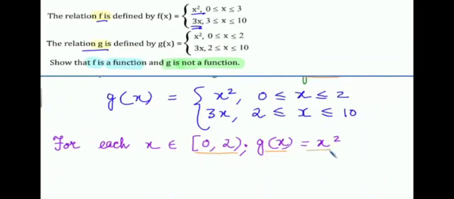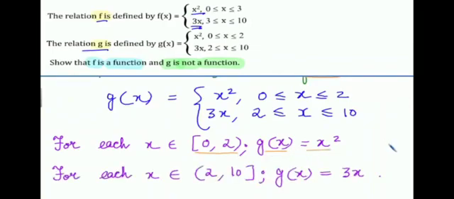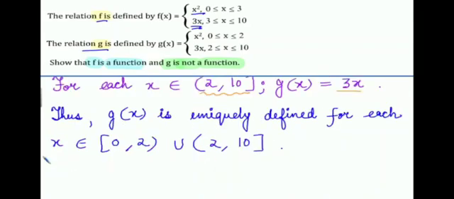Between 0 to 2 your g function will be x square, and for each x belonging to 2 to 10, your function g of x is equal to 3x. Thus, g of x is uniquely defined for each x belonging to 0 to 2 union 2 to 10.